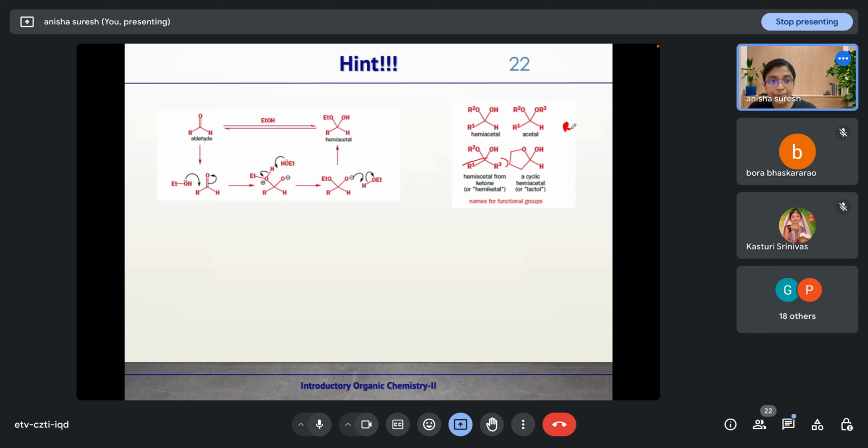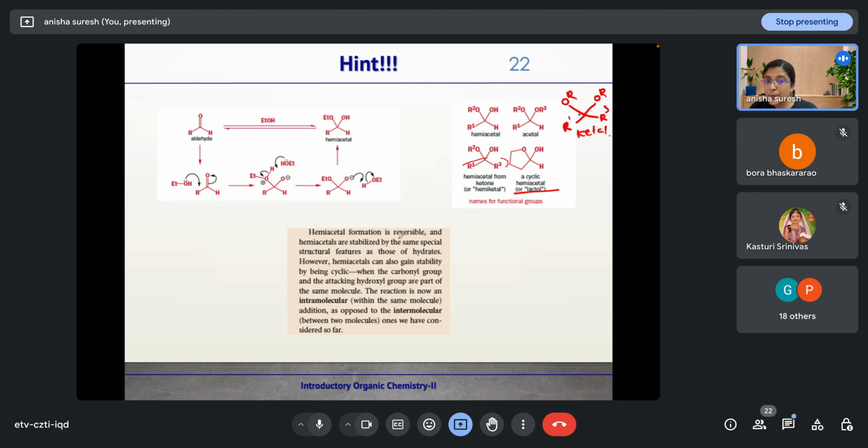And if R3, OR, OR, this is known as ketal. And this cyclic hemiacetal is known as lactol. So these are the different nomenclatures associated with hemiacetals.